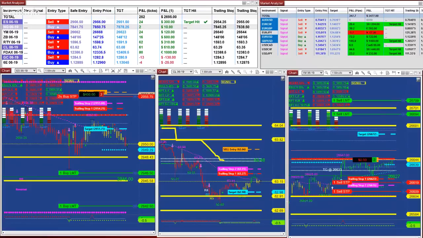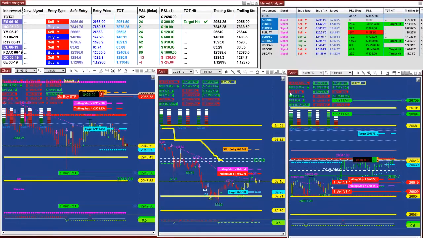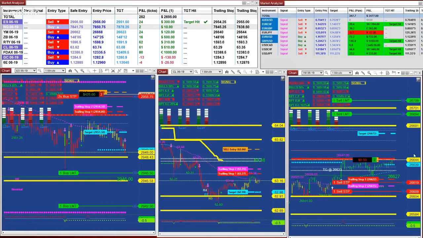Okay, we got a new entry on the YM. Do not put it at 643. Put it above the fib line. Put it at 66.45 maybe, above this.